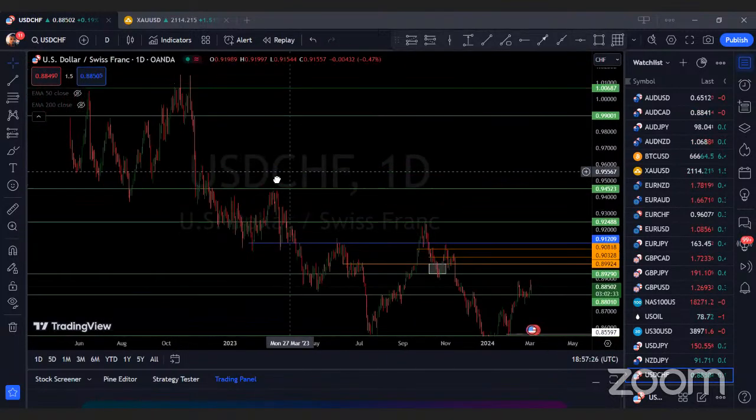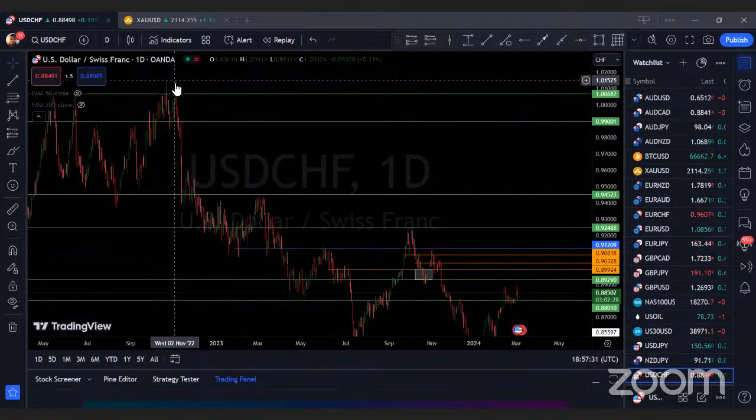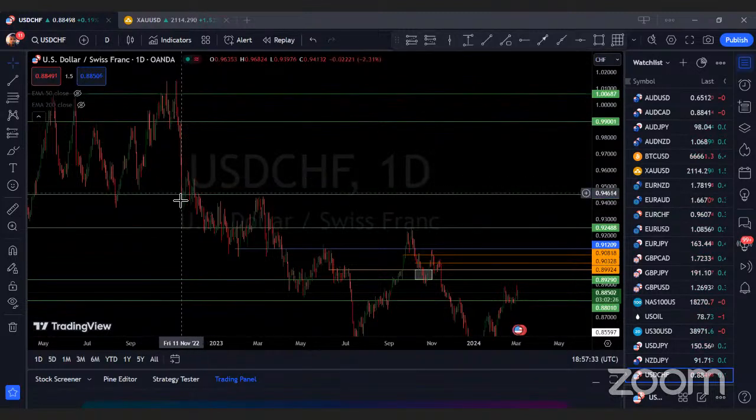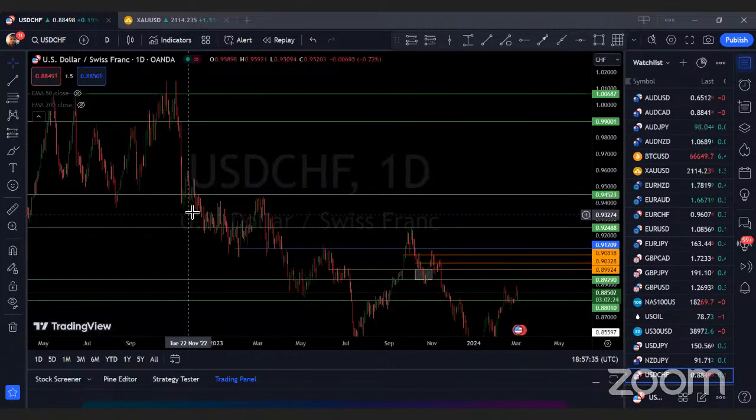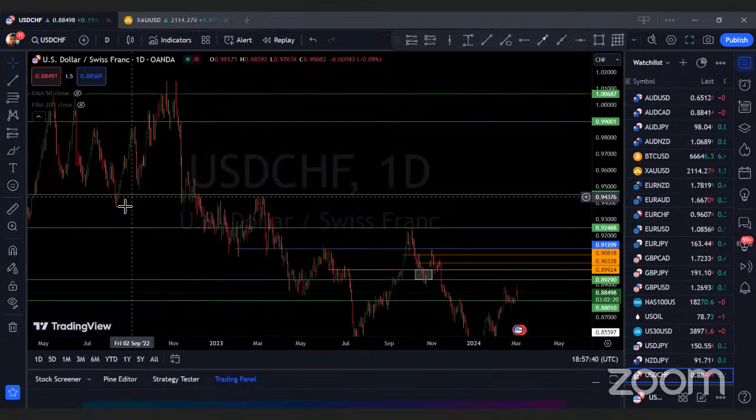Now, if you focus on the top here, we see a double top here. Market rallied to the downside, broke a structure at 0.94523. Okay, this area.